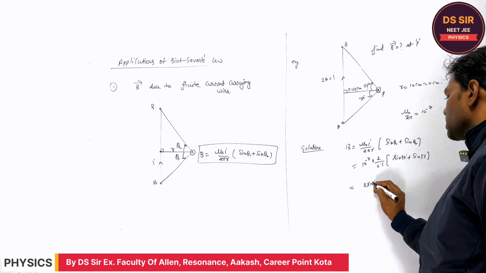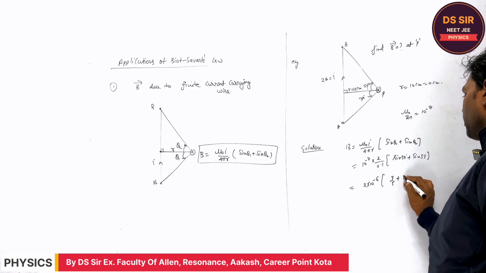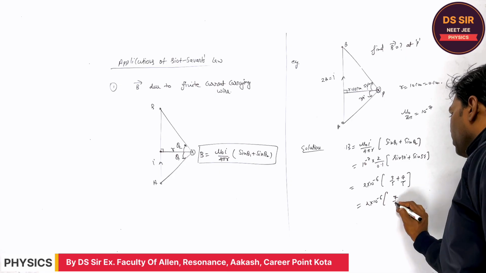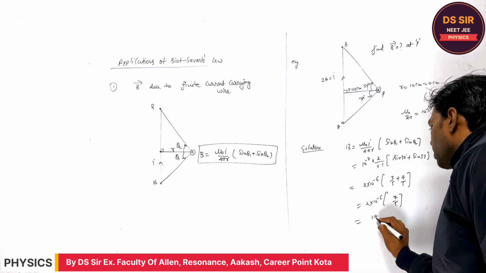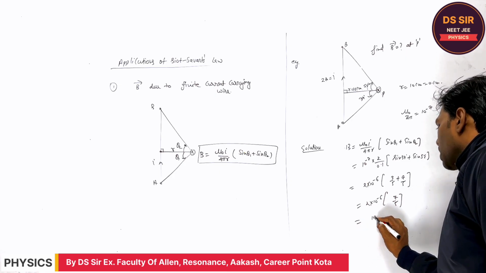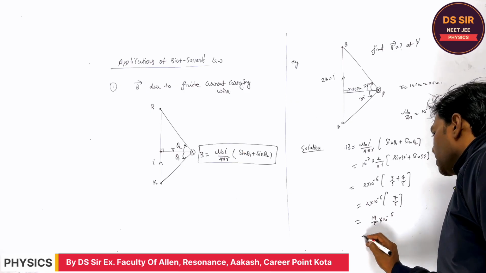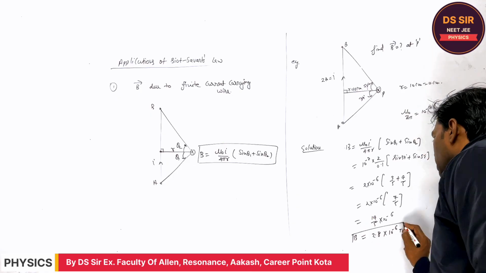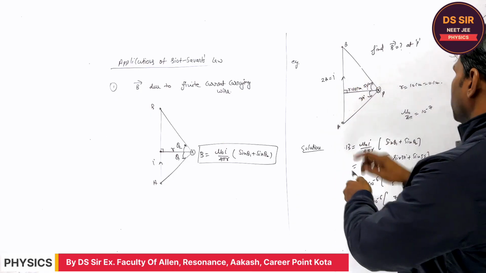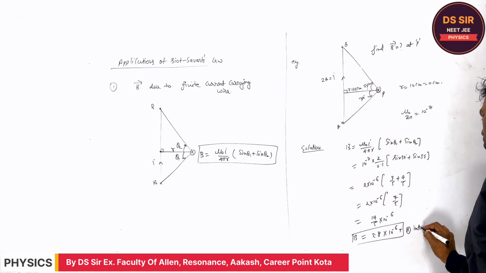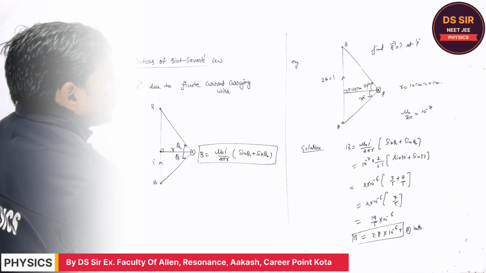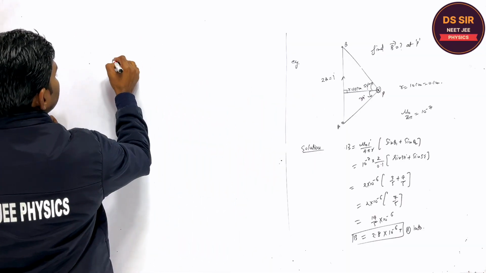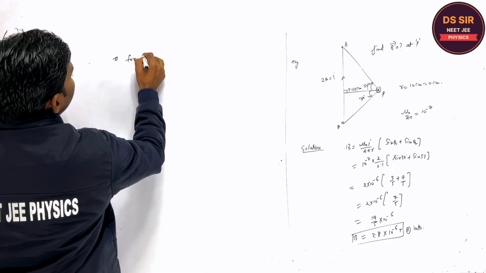If you simplify this, 10 to the power minus 6, 3 by 5 plus 4 by 5, that is 7 by 5, that is 14 upon 5, which is 2.8 times 10 to the power minus 6 T, for Tesla. Direction is into the board.